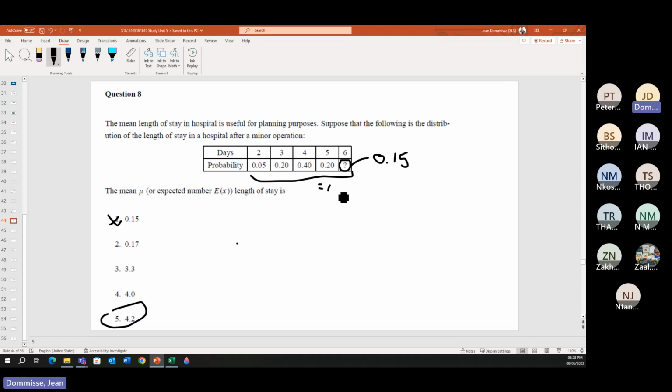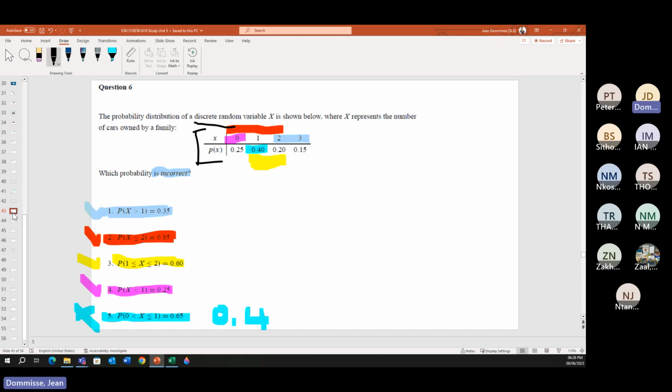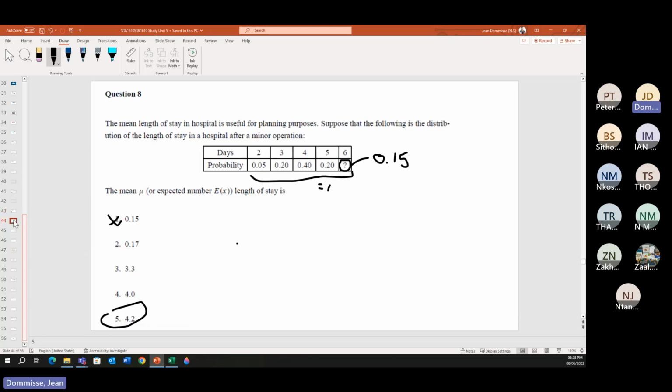Okay, the other thing that I think is important: sometimes you see 0, 1, 2, 3. In this instance, it didn't start at 0, which is also fine. They don't need to give a probability for every discrete number.